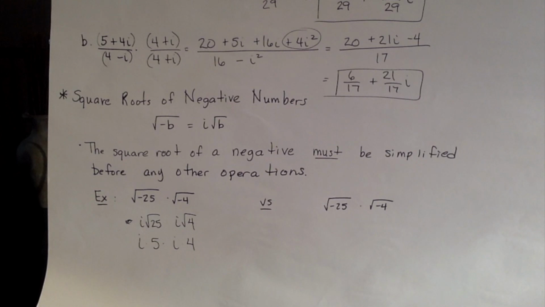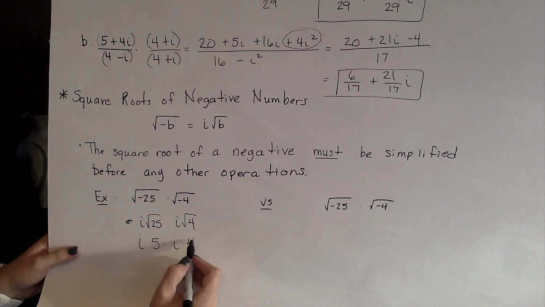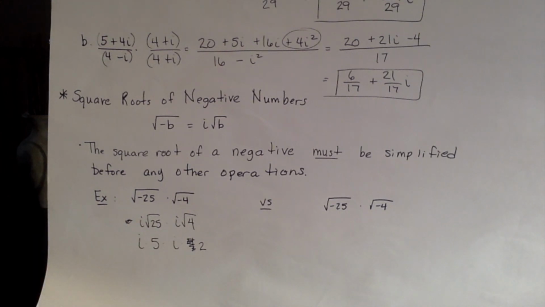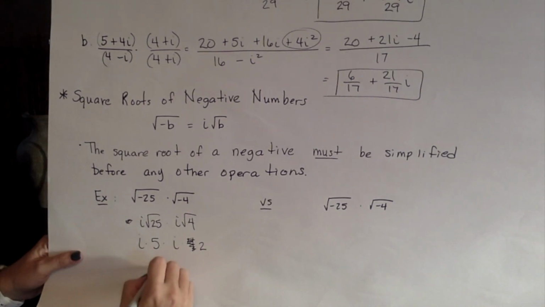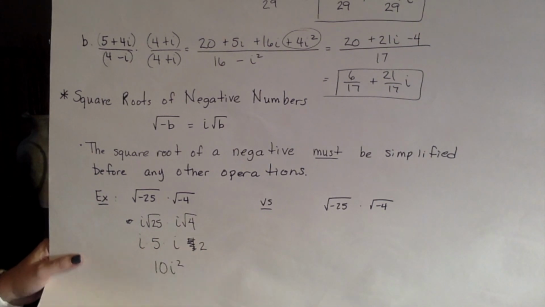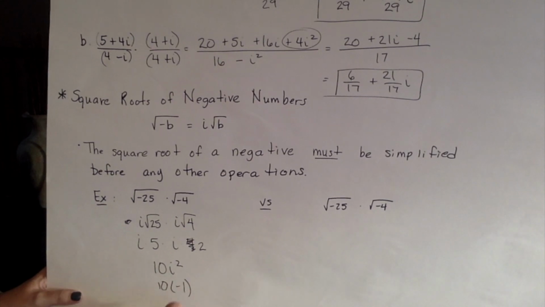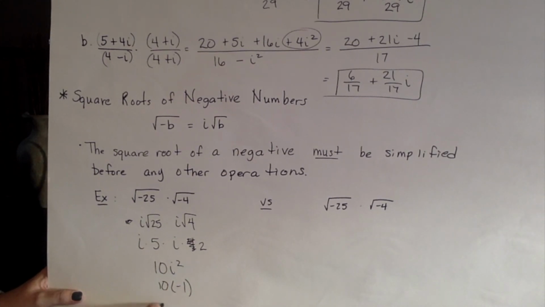This would be then 10i squared, but i squared is negative 1, and that makes the answer negative 10.